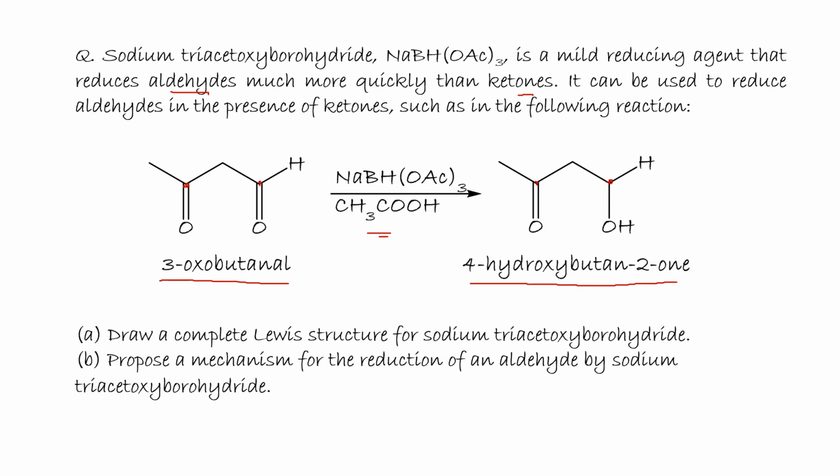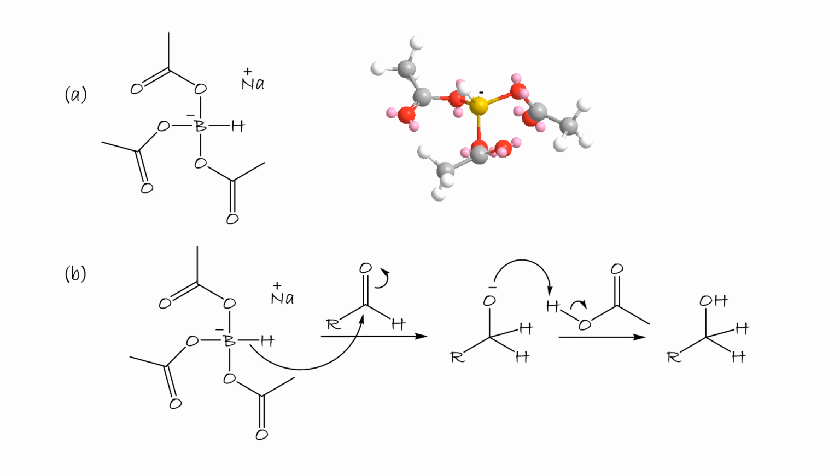Draw a complete Lewis structure for sodium triacetoxyborohydride and propose a mechanism for the reduction of an aldehyde by sodium triacetoxyborohydride. Well, this is the Lewis structure. It resembles the borohydride, BH4 minus.